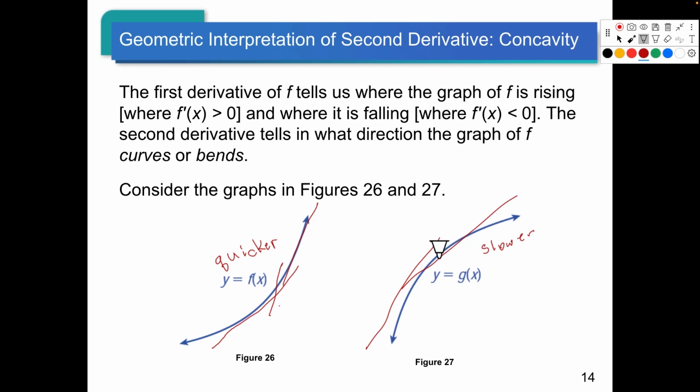Those aren't great tangent lines, but you get the idea. But you see this one over here, the slopes are getting faster. That's a second derivative. They're accelerating. The one on the right, g of x, is slowing down. It's decelerating. So its second derivative is going to be getting smaller.